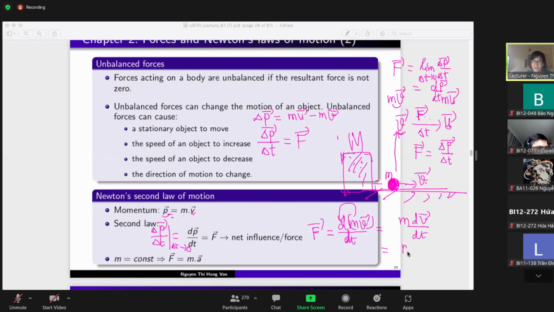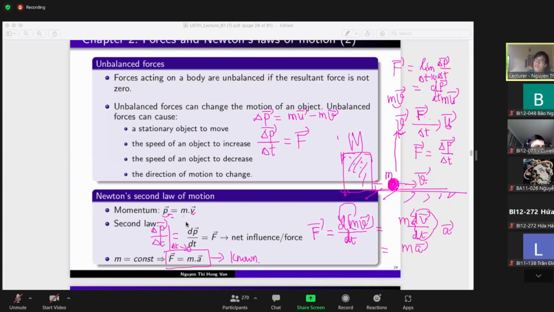And you know that dv/dt, the change in the velocity, is the acceleration. So we have another form of the second law of Newton: F equal to ma. And this one is known from high school. You know this from high school: F equal to the product of mass and acceleration of the object.